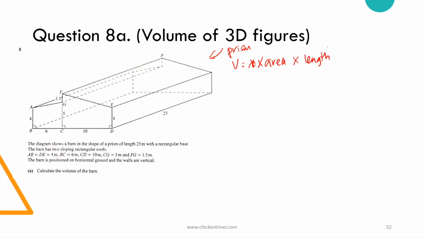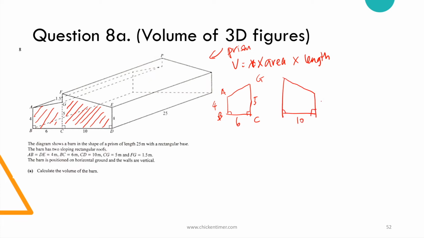So the cross-sectional area is this part, which is made up of two trapeziums. Six, 5. Then you have another trapezium.